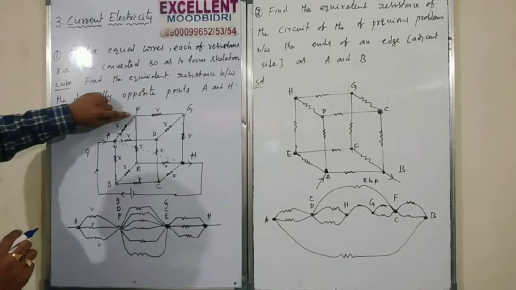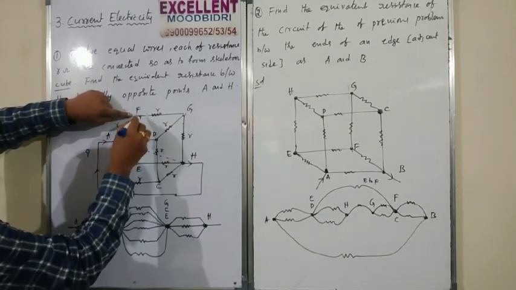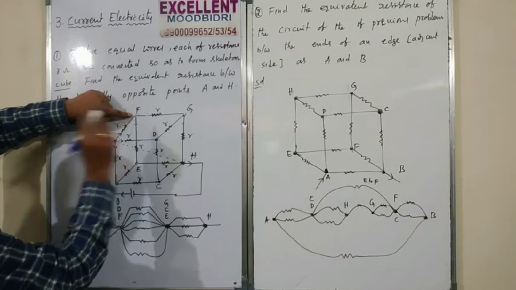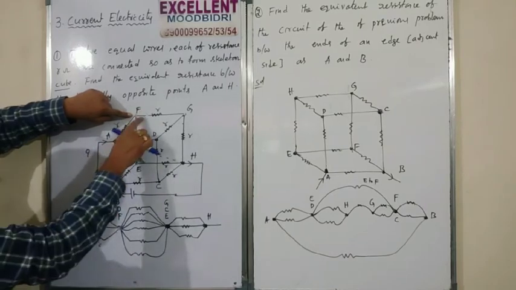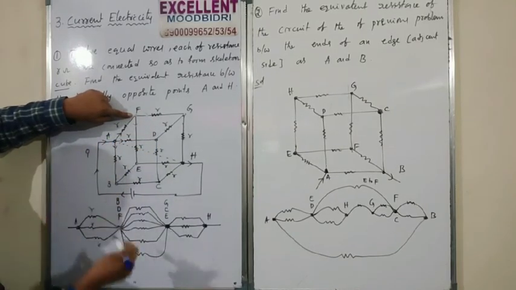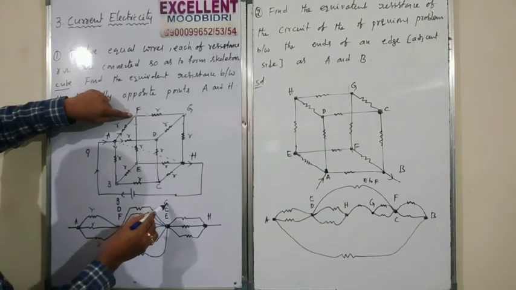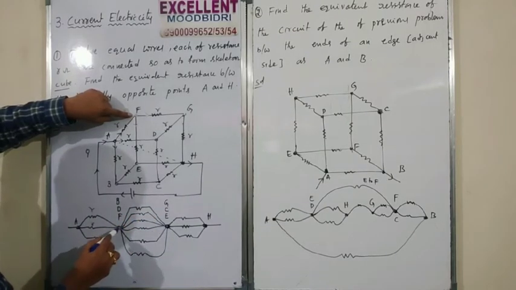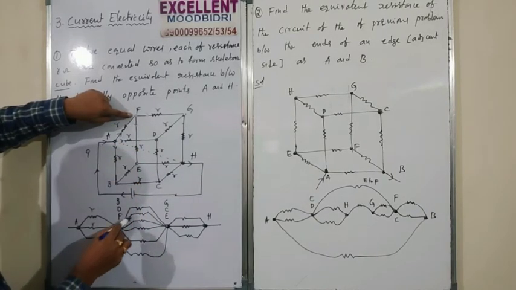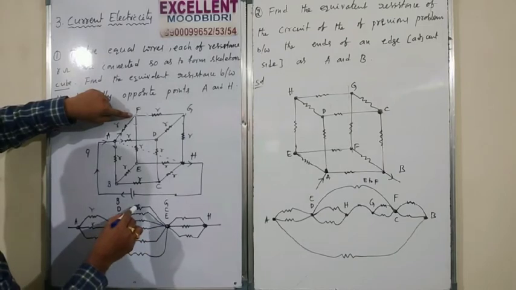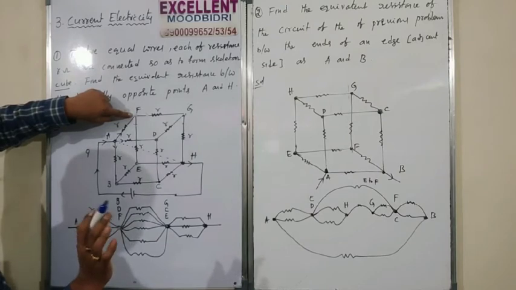This is a parallel combination again, a split only. F to G, here is the G point, and F to E. F to E, F to G. Finished. Right. Next one.